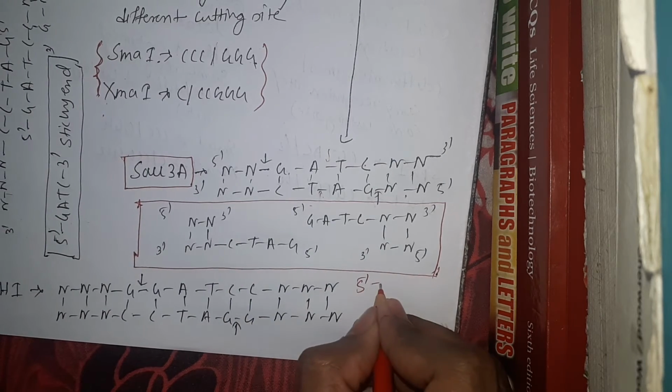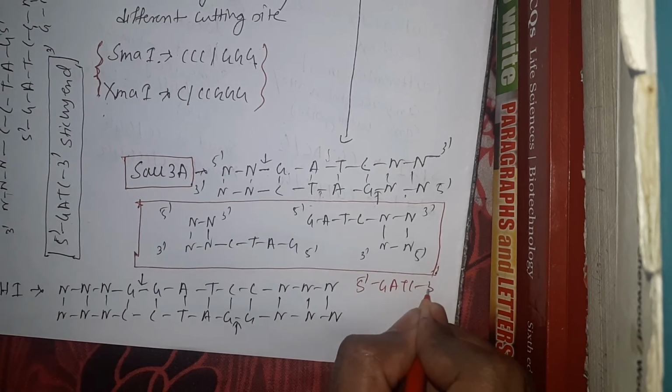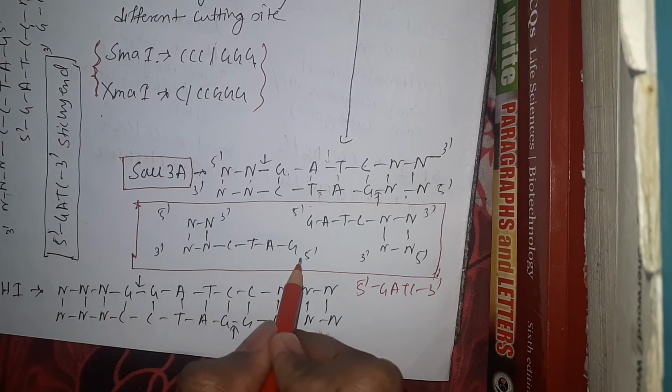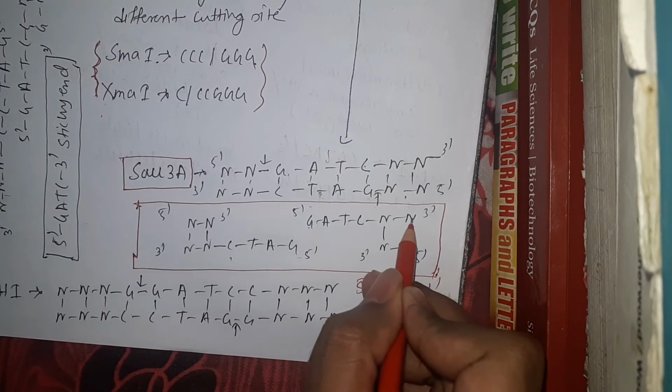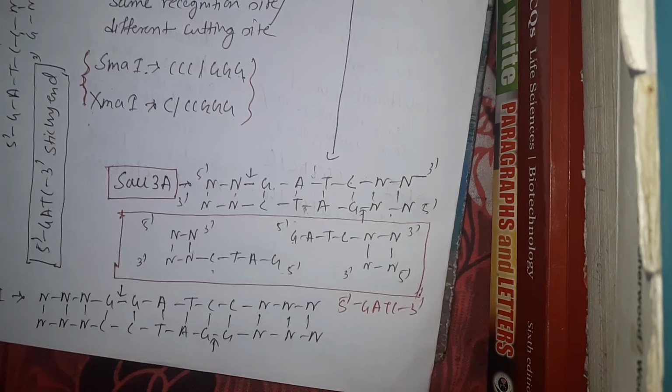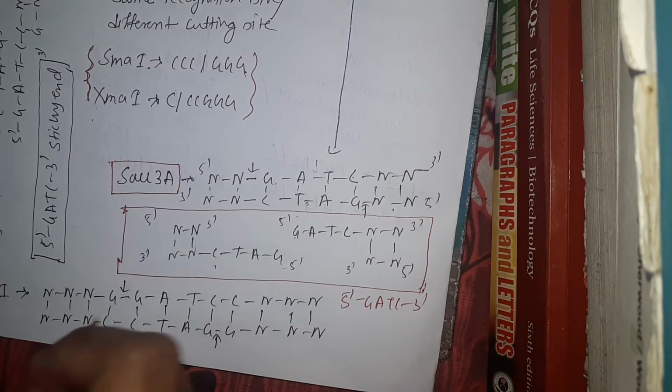So we can say it generates a sticky end, and the sticky end will be something like that, 5 prime GATC, 5 prime GATC.